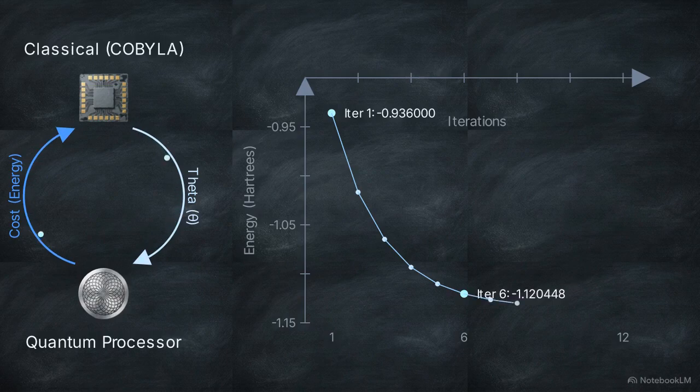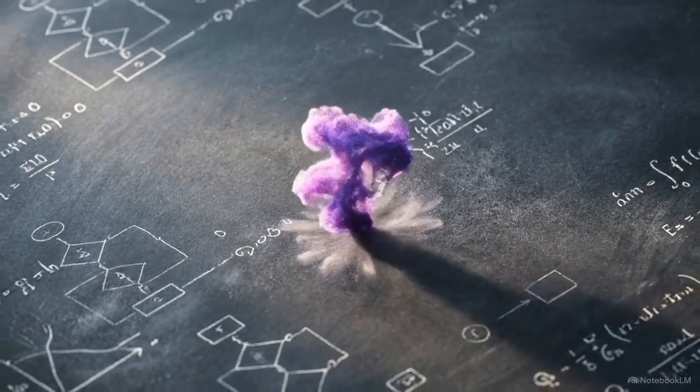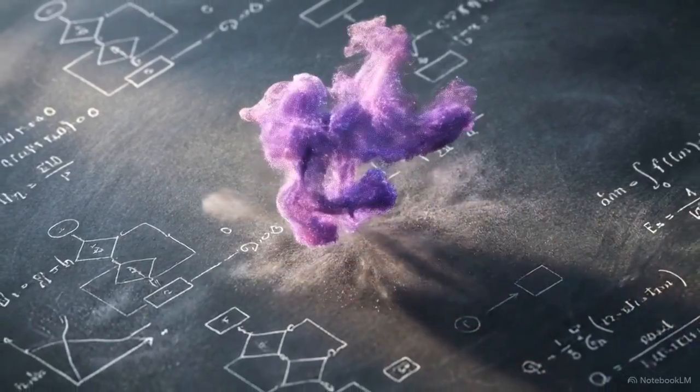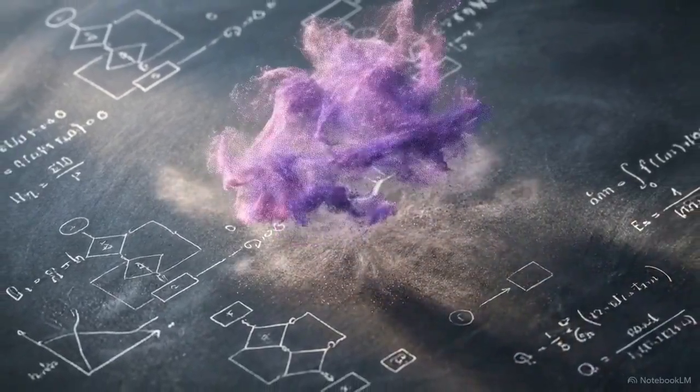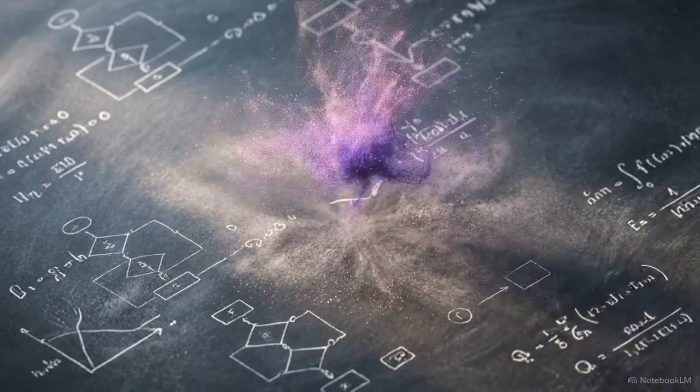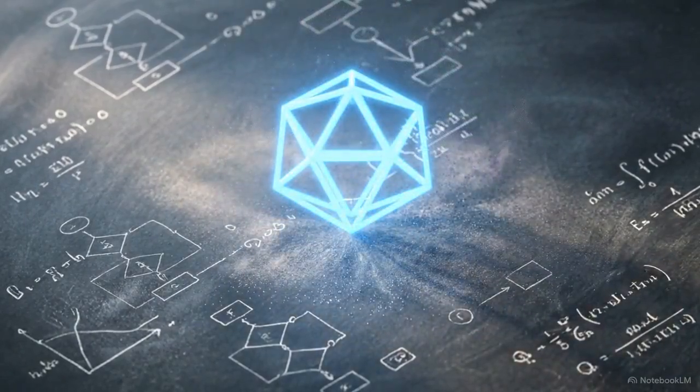As the optimizer hones in, the curve begins an asymptotic flattening, dialing into the true ground state limit where further adjustments yield shrinking returns. Finally, at iteration 12, the system hits absolute algorithmic stabilization at negative 1.135274 Hartrees. This 12-step descent proves a critical mechanical property. Iterative feedback can force a highly complex, chaotic system to collapse into a mathematically perfect ground state.